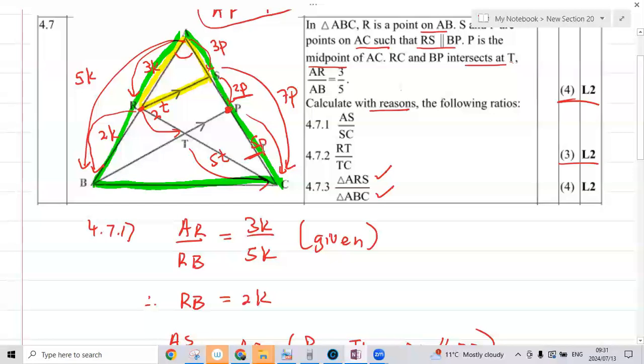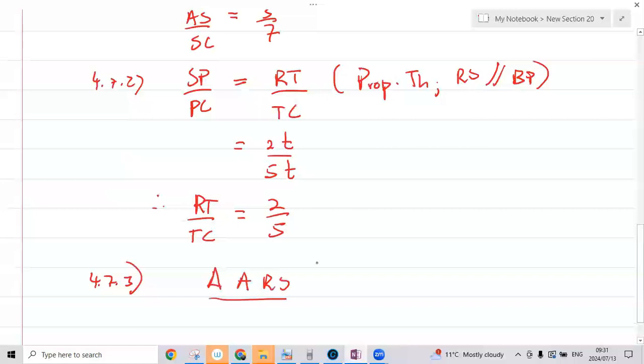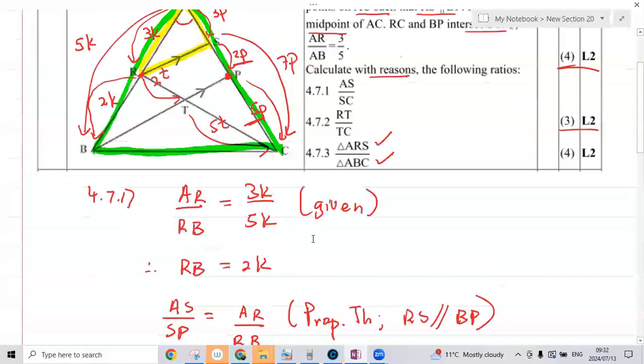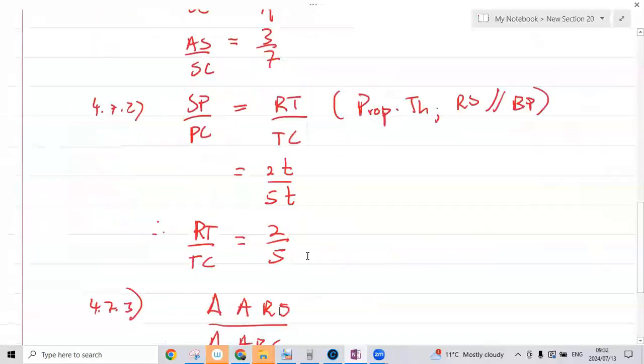So 4.7.3. We have triangle ARS over triangle ABC. And remember, these are non-right angle triangles, so it's important for us to know our area rule here.